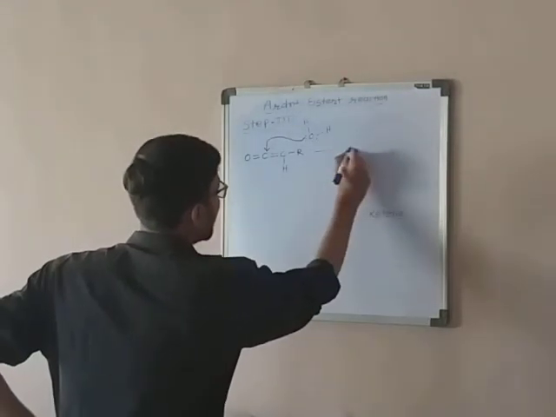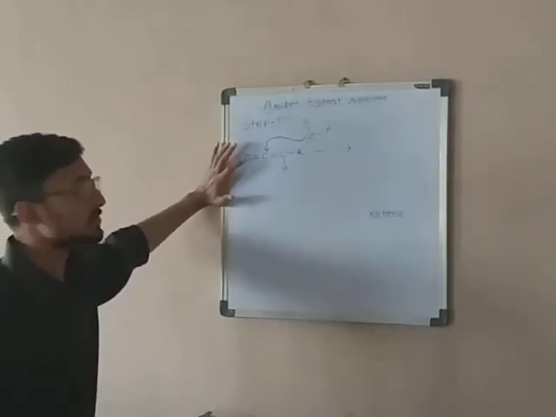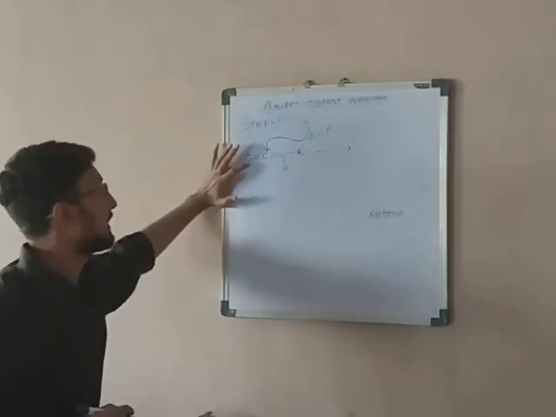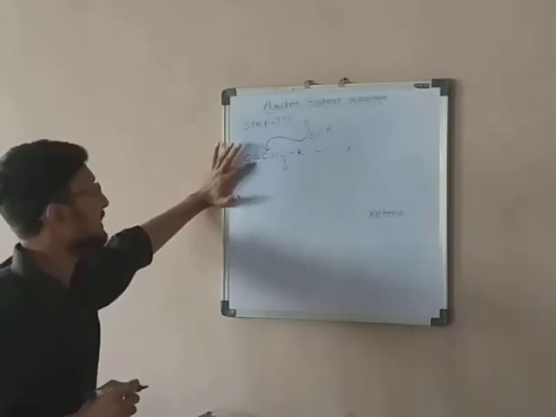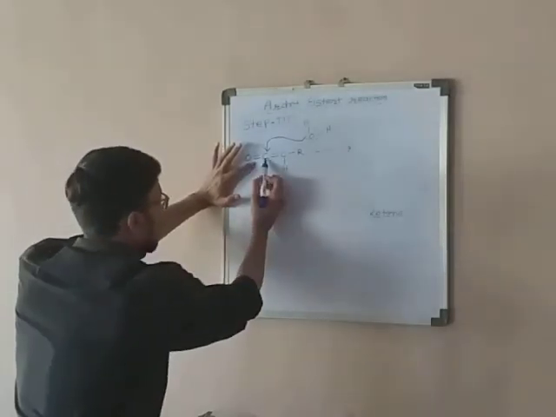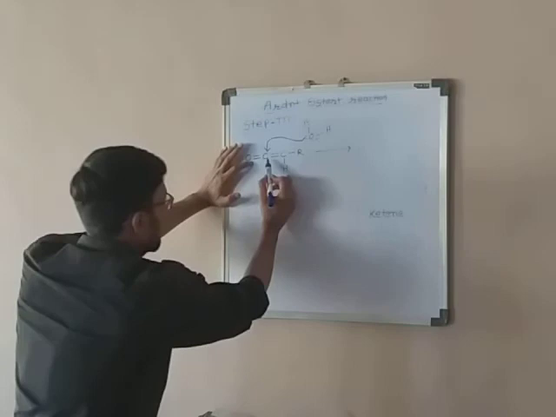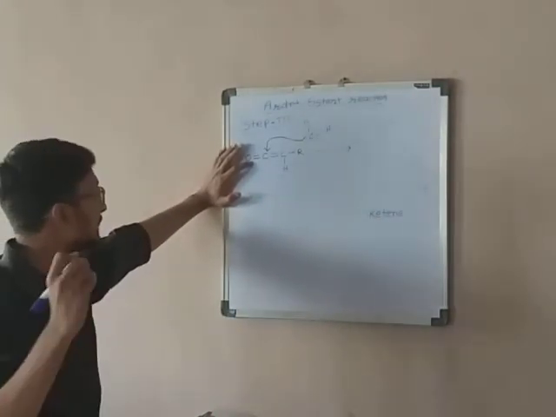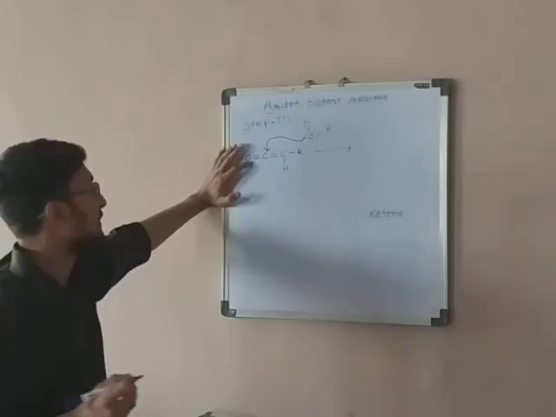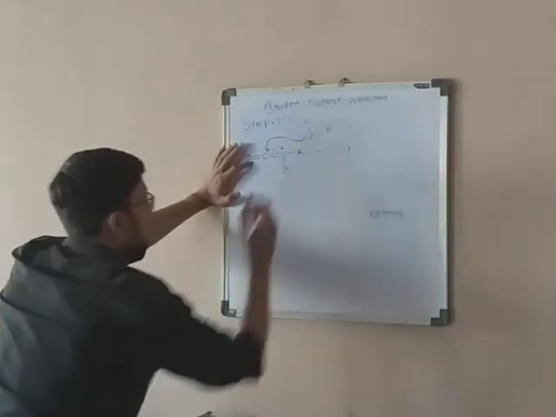So which double bond will be broken? The double bond that is stronger will not get broken, and the bond that is less strong will get broken. Here the attraction between carbon and oxygen will be more because it is a more polar bond. And the double bond between these two carbons will be a bit less stable, right? So it will get broken and we can obtain a negative charge over here.